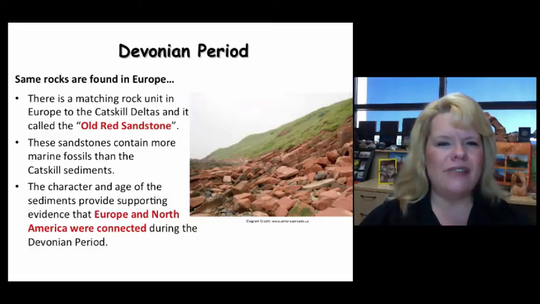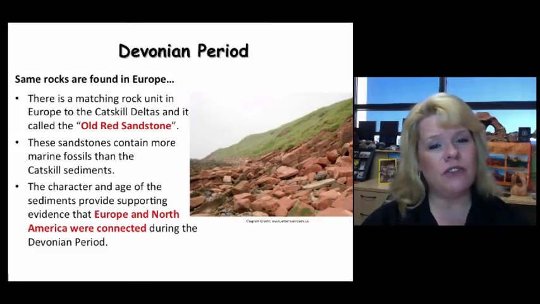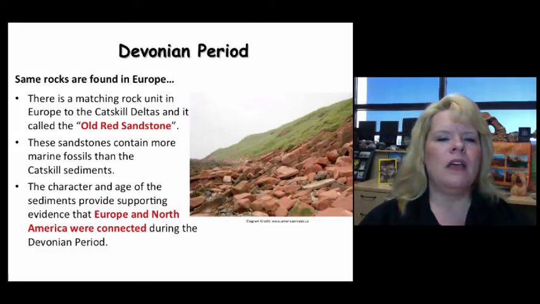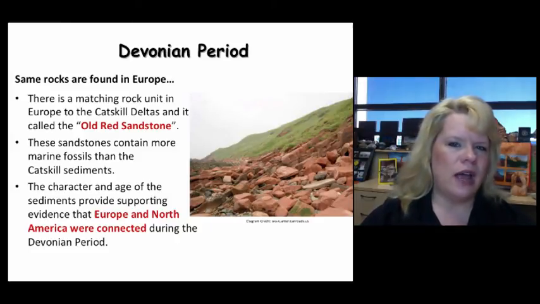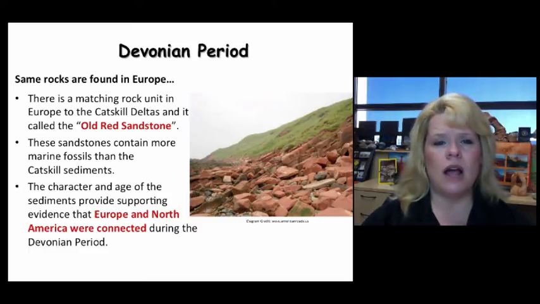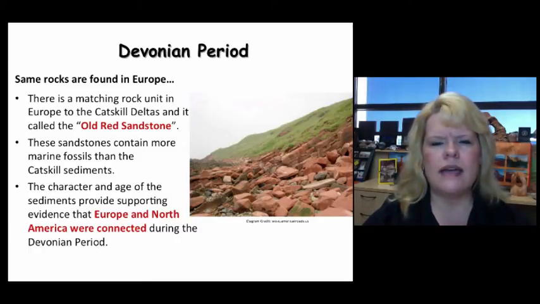So understand that these two particular sediments were coming from the same source rock. The difference between the two is the fact that the Old Red Sandstone has a little bit different fossil assemblage. It has more marine fossils than what our version of it did, and it makes sense as to why. But the other characteristics match.